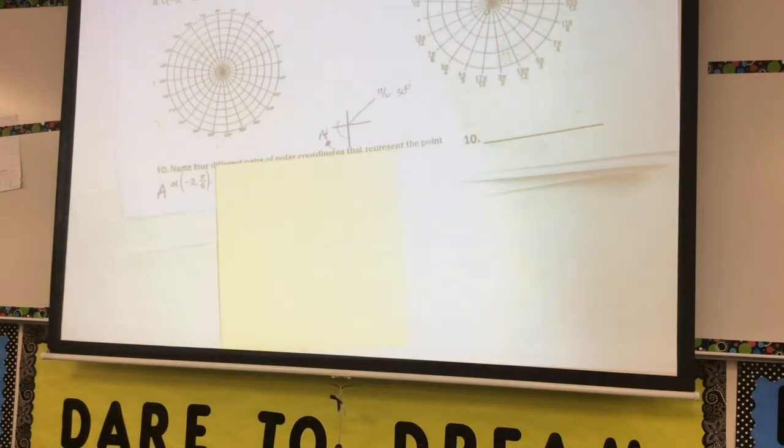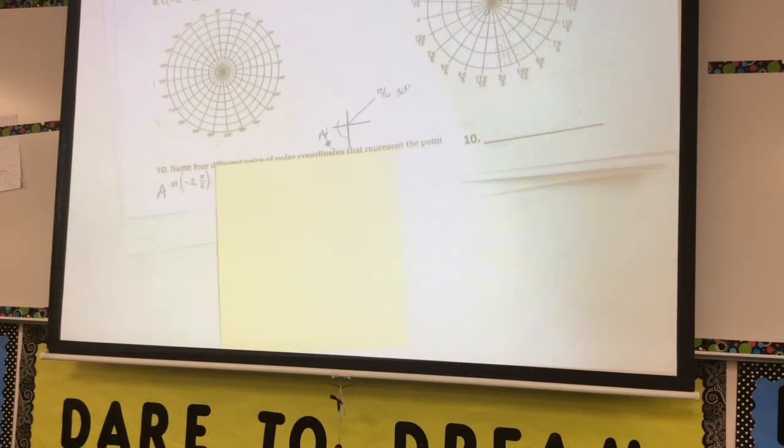Give me 3 more ways to write that same dot. And this time, let's try radians. If you want to work with degrees for a moment and switch it back to radians, that's cool with me. 4 ways total. This is one of the 4.